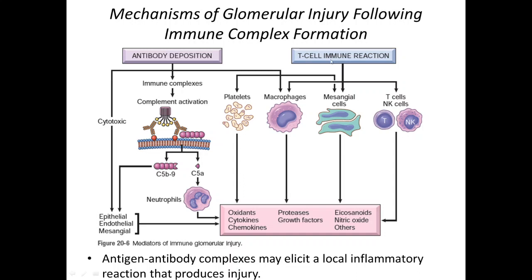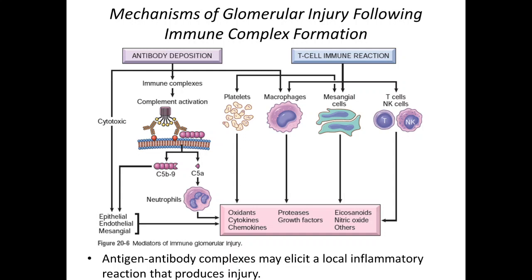In addition, a T cell immune reaction can develop, with macrophages, T cells and natural killer cells, which results in activation of nitric oxide and other active molecules like proteases and growth factors, which can include the cytokines and chemokines reaction.